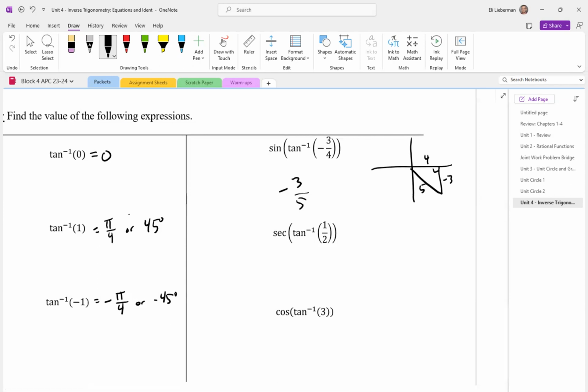Nicely done. All right, remember when we see tan inverse, sine inverse, and cosine inverse, what we're referring to is an angle, yes? Specifically, in this case, an angle whose tangent ratio is -3/4. So the angle we're talking about, if I want to put it in here, is it okay to put the theta here?